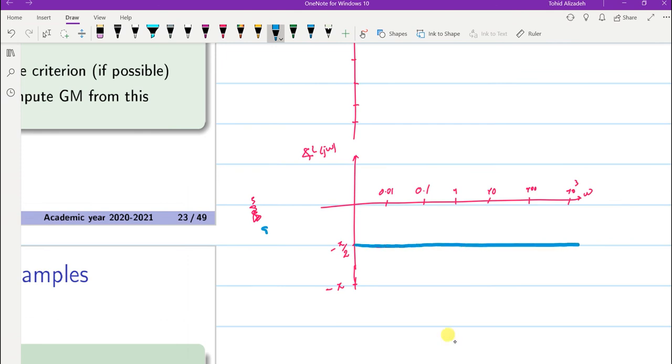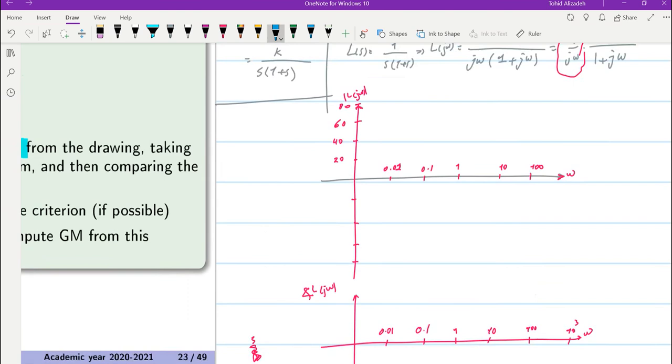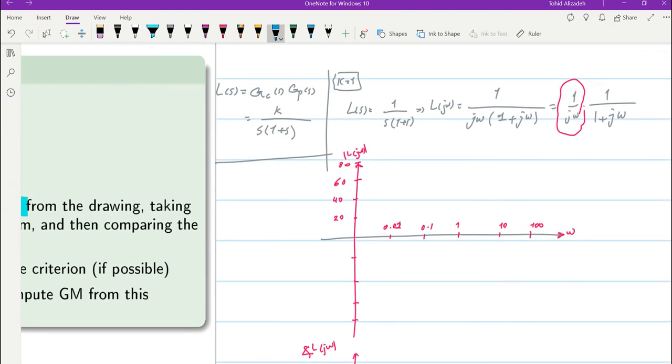So we have the phase equal to minus pi over 2 all the time. And in terms of amplitude, 1 over j omega will be equal to 1 at omega equal to 1. And we will have the slope of minus 20 dB per decade. So at each decade, the amplitude will decrease by 20 dB.